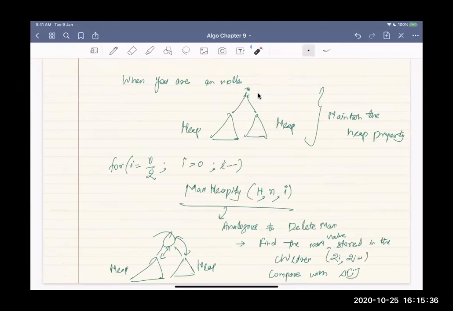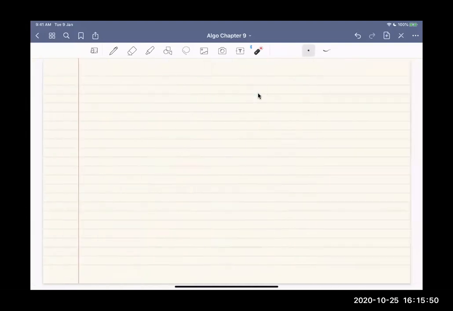For i equal to n by 2 up to 1, you just max heapify at i. Okay, and this max heapify was similar to the delete max operation. The same thing I was doing. So now what is the time complexity?